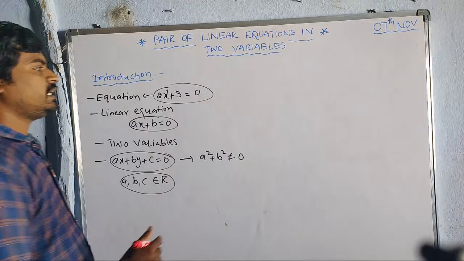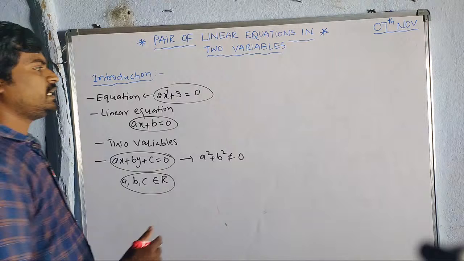This equation has many solutions, friends. Actually, what is a solution? If the values of the variables x, y satisfy the equation, then that is called a solution of the linear equation in two variables. Okay friends, for example I am taking x equals 1 here.